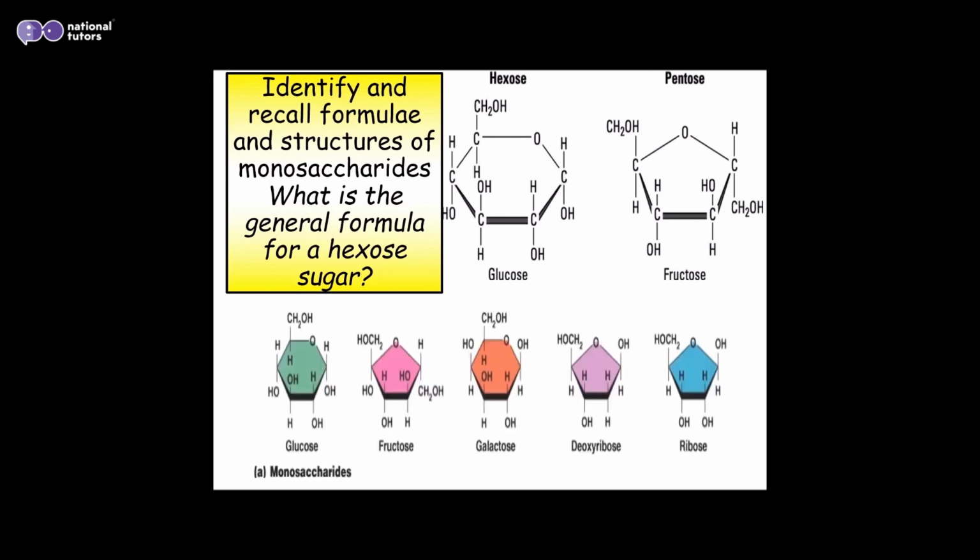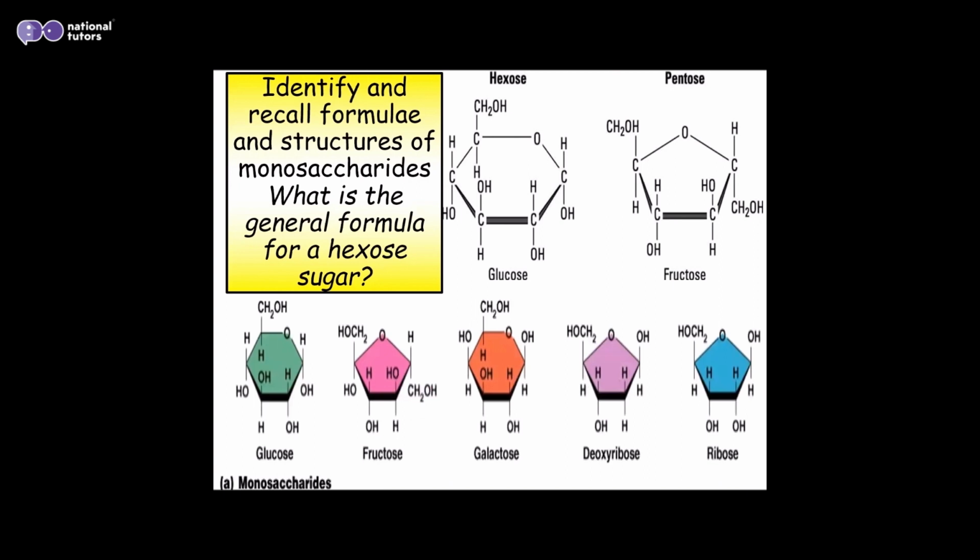And of the monosaccharides, there are lots and lots of different forms. We're going to know all of these. So the glucose, fructose, galactose, the important ones. That's why I've highlighted them there. But deoxyribose and ribose are very important when we get to DNA and RNA. They are very similar in structure, as you can see there.